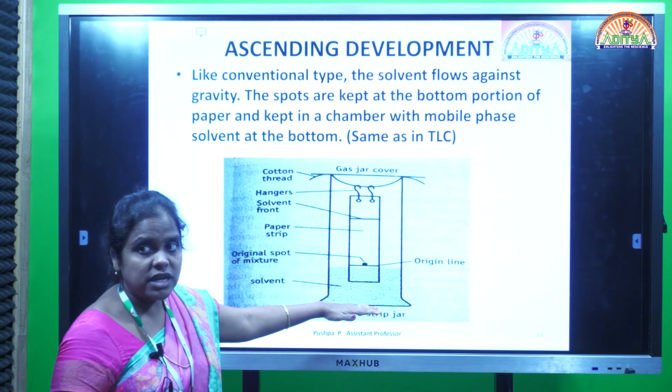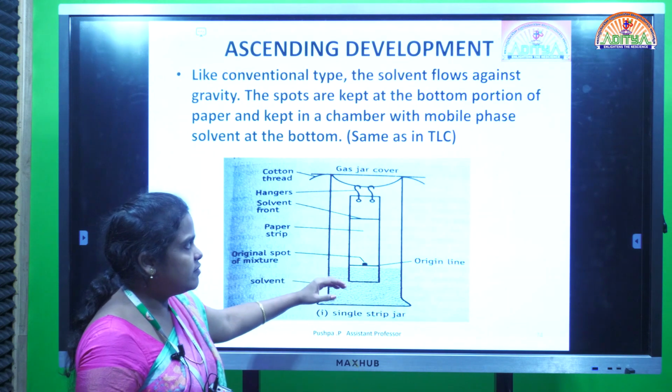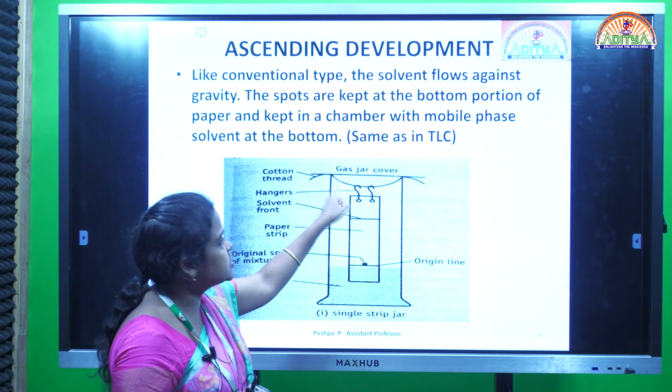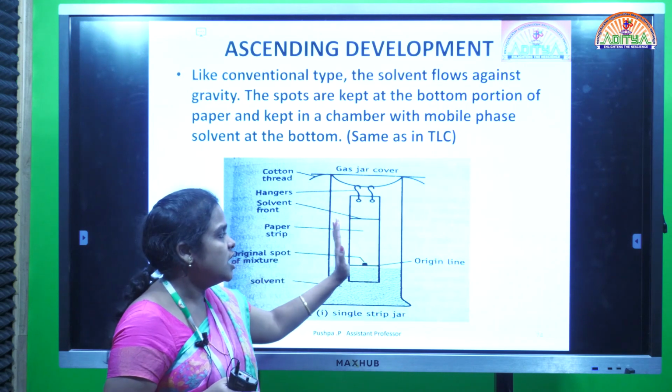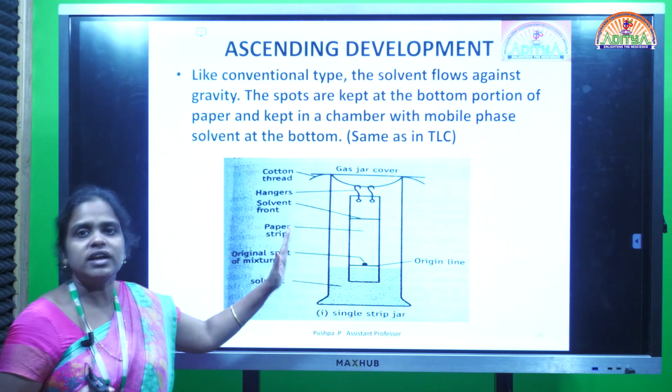We take one development chamber, and inside it we take the mobile phase. After taking the mobile phase, you keep our paper. By using some clips or cotton thread, we hang this paper without touching the walls. If it touches the walls, maybe the elution or development will not occur properly.